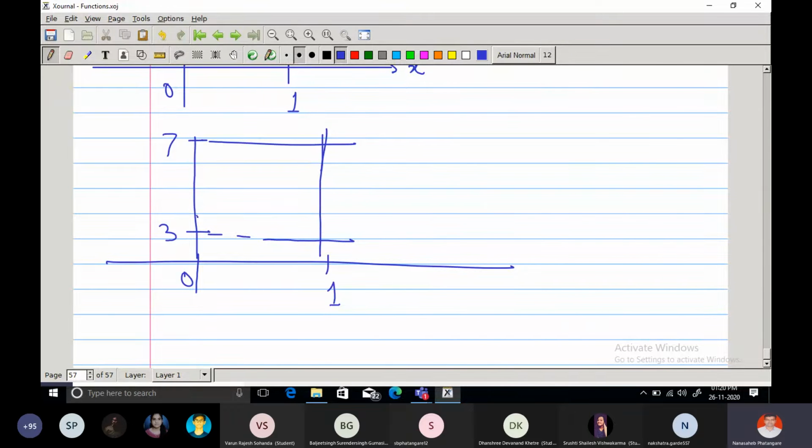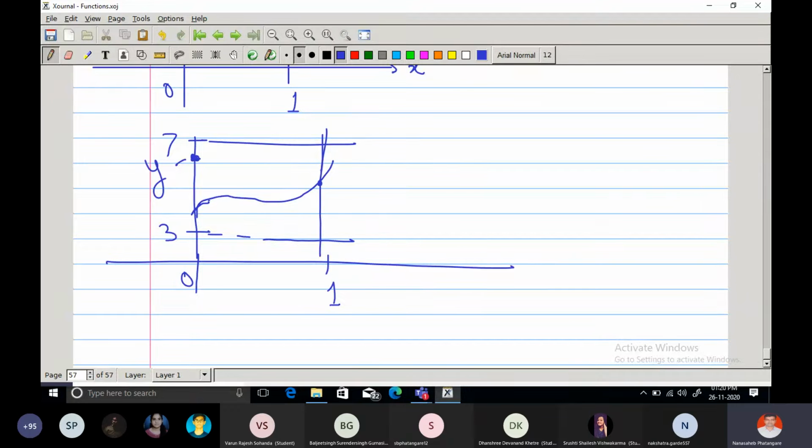So suppose I draw some graph like this. Is it a graph of a bijective function? This is my question. No, sir. I know because there is a point here. For example, if you take this point in the codomain, this point does not have a pre-image. That is the problem, right?